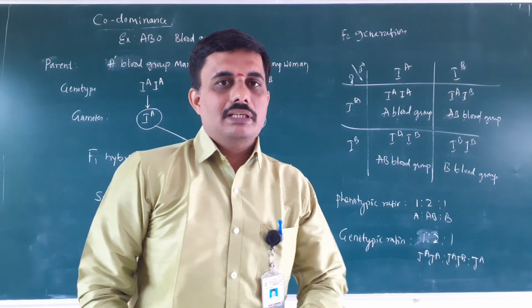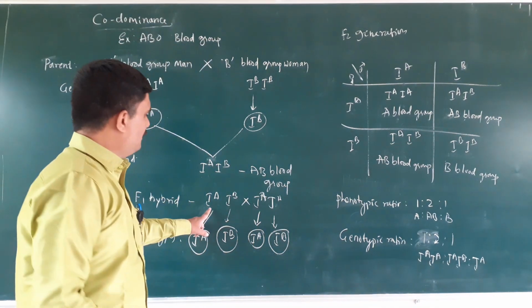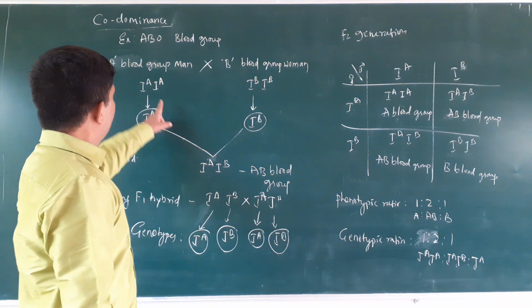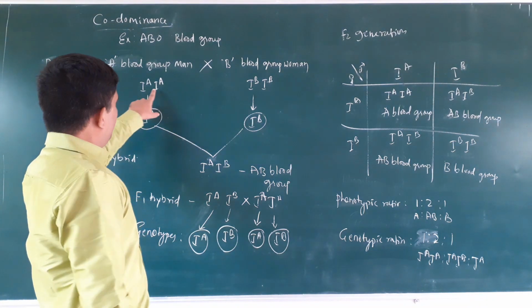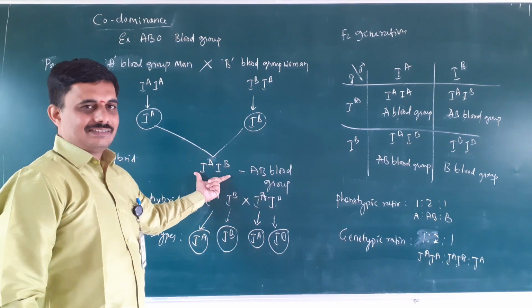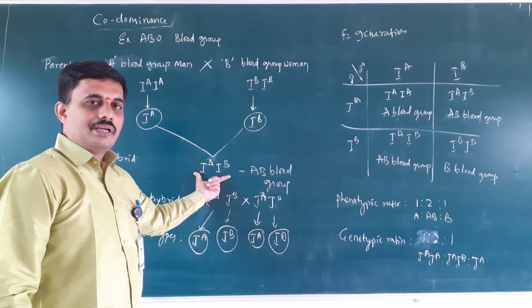This possibility is there when an AB blood group man marries an AB blood group woman. If a homozygous A blood group man marries a B blood group woman, all their children, 100%, have the AB blood group.